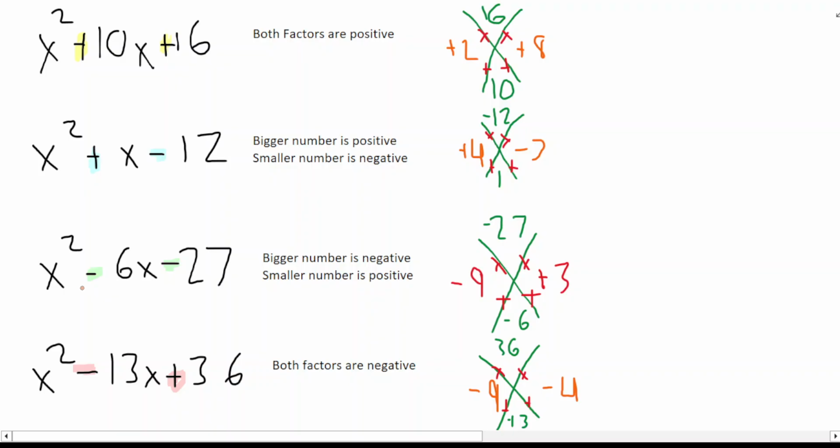You'll see the opposite of this when you still see the last number as negative, but now the second number is also negative. Don't be fooled. You don't do two negative factors. Only the bigger factor will be negative and the smaller factor will be positive. Finally, for the last case where the second number is negative and the last number is positive, you're going to have both factors as negative.